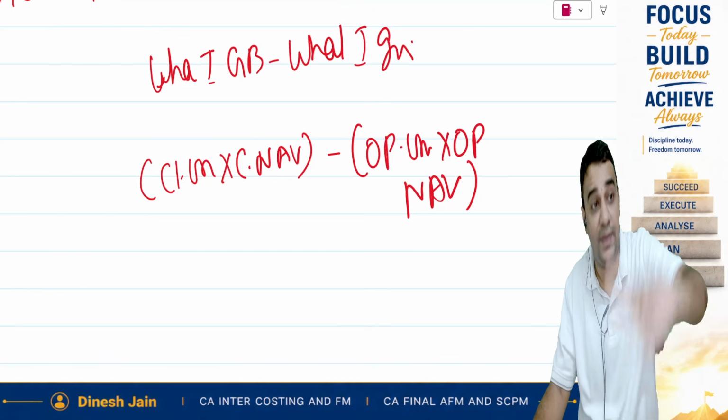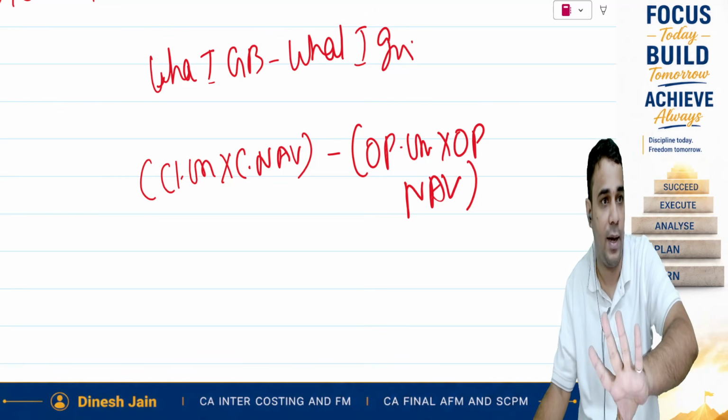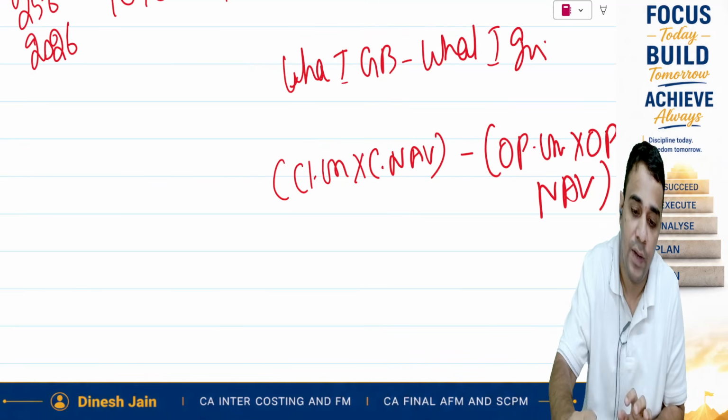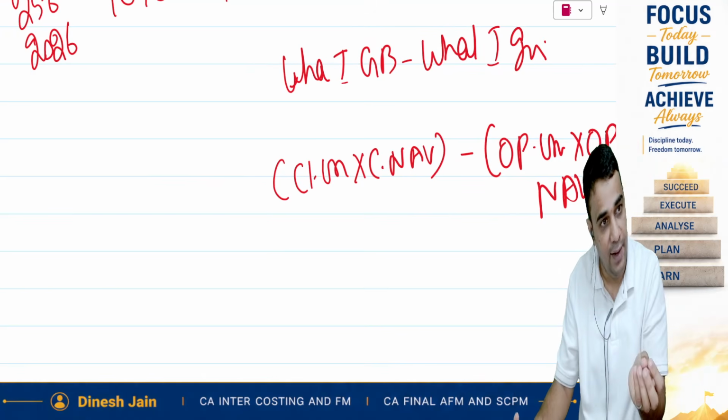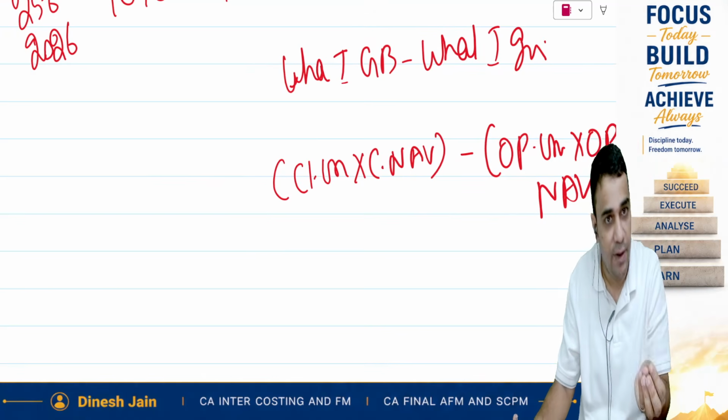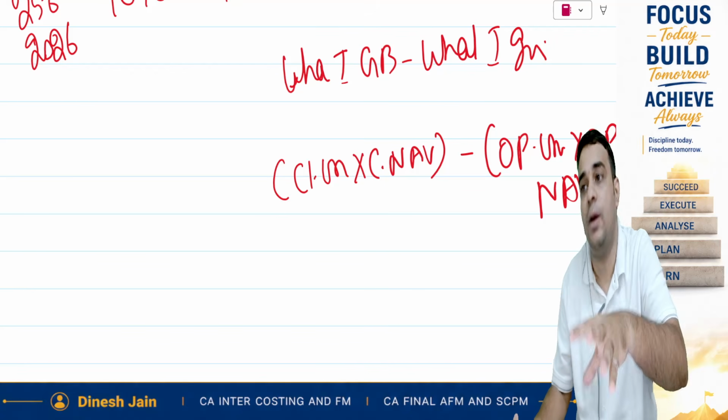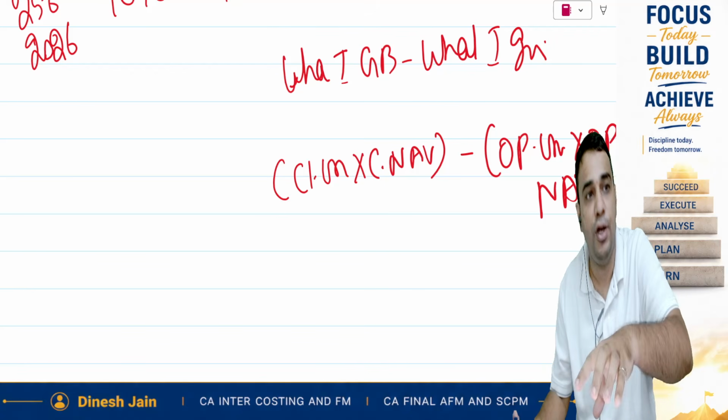The real formula, there also what I get back, here also what I get back only. There I can do NAV1 into number of units, NAV0 into number of units, D1 into number of units, CG1 into number of units, divided by NAV0 into number of units.